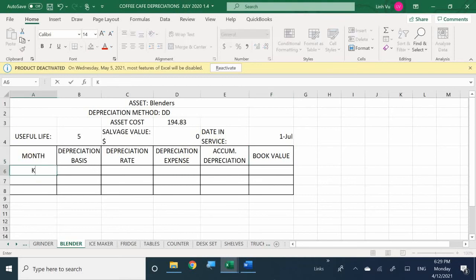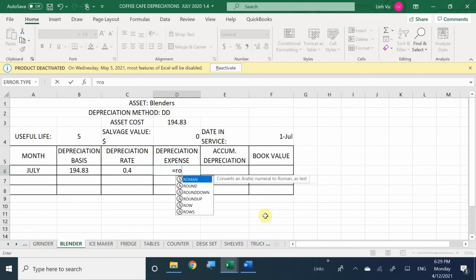So July, okay, depreciation basis is going to be my asset cost minus my salvage value, which again is 194.83. My rate's going to be 1 divided by useful life times 2 because we're doing double declining, right? We're going to depreciate twice as much.